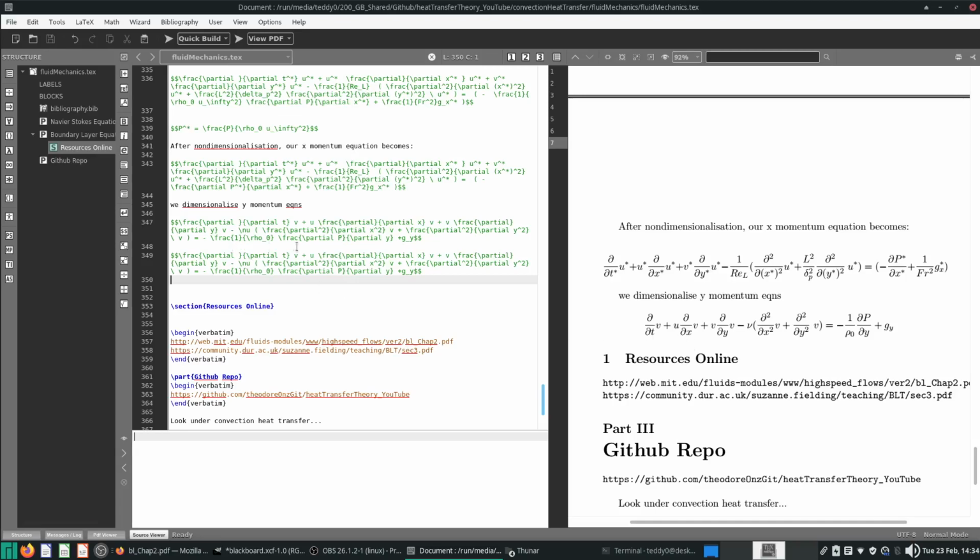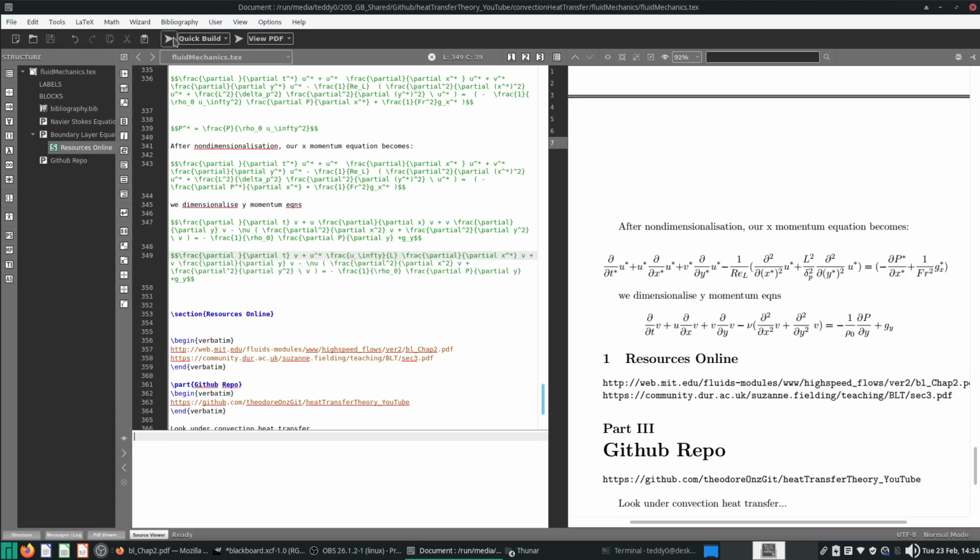So x will be x star into L, and u will be u star into U infinity. So U infinity over L. So that's part 1.